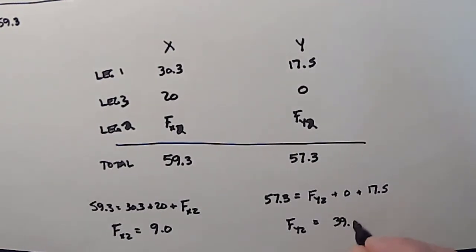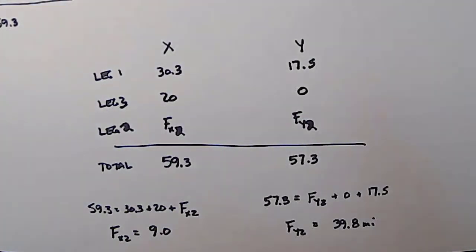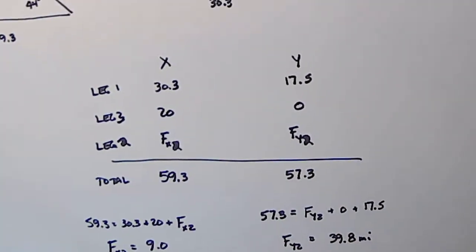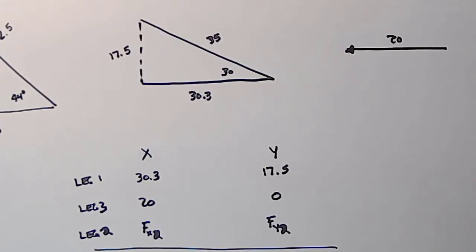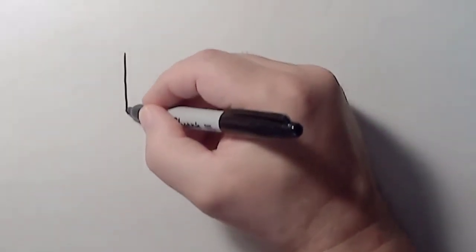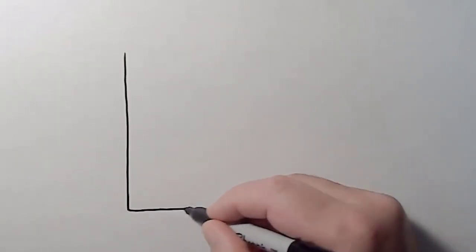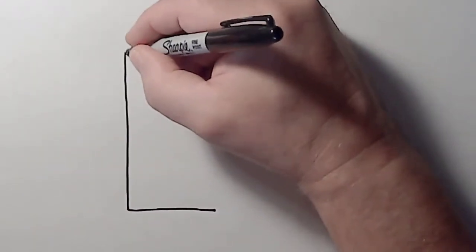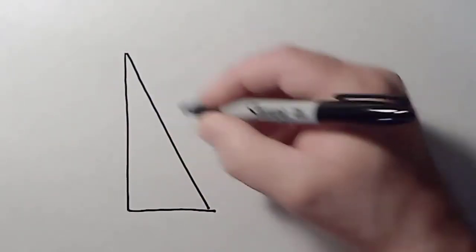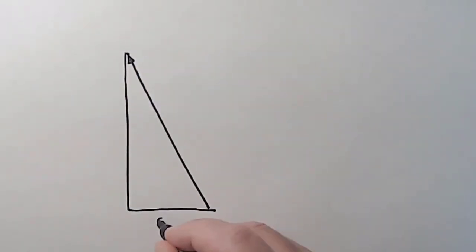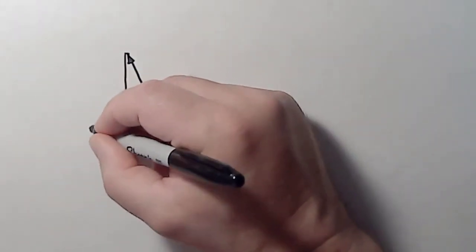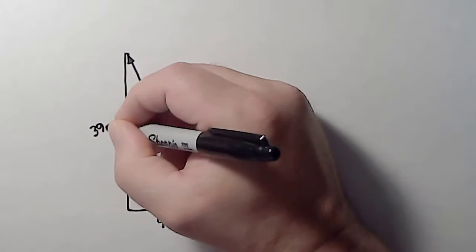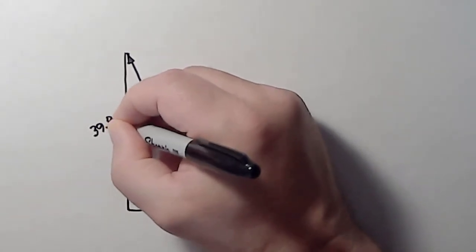That's 39.8 miles. This is now leg 2. It has an x coordinate of 9.0 and a y dimension of 39.8.